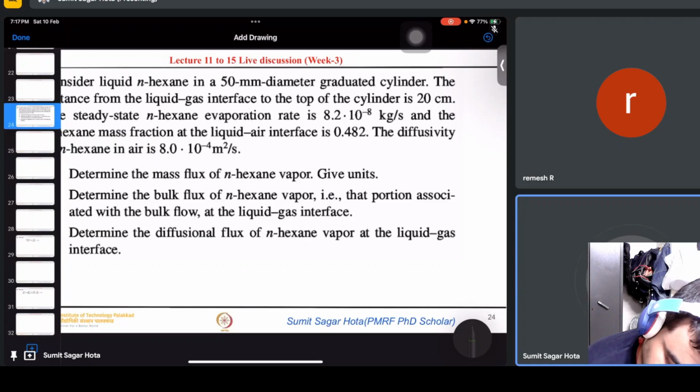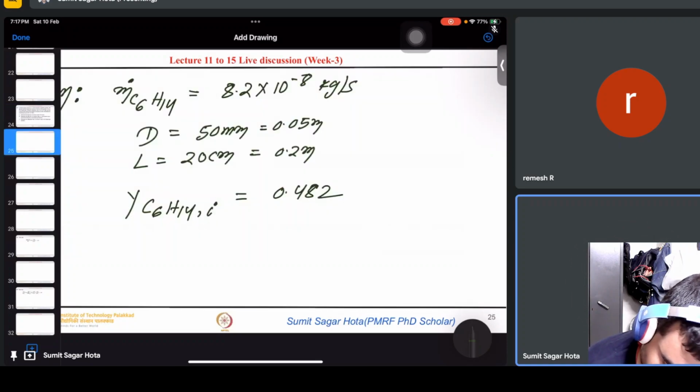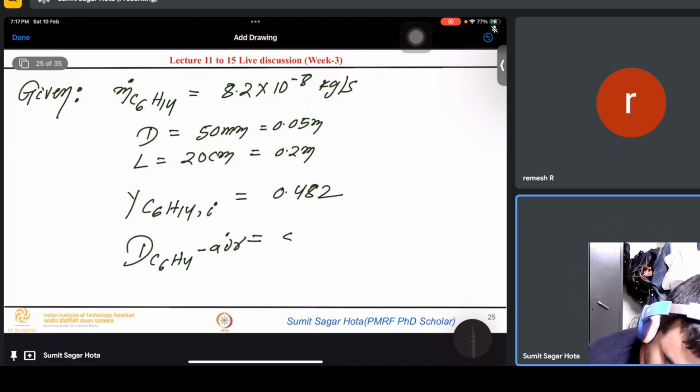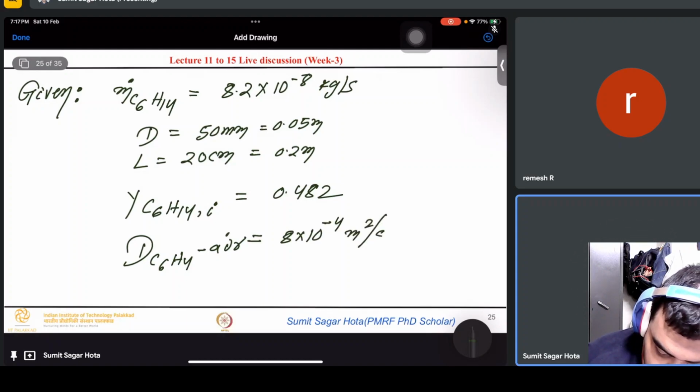And one more thing is given, the diffusivity of C6H14 in air, 8 into 10 to the power minus 4 square meter per second.